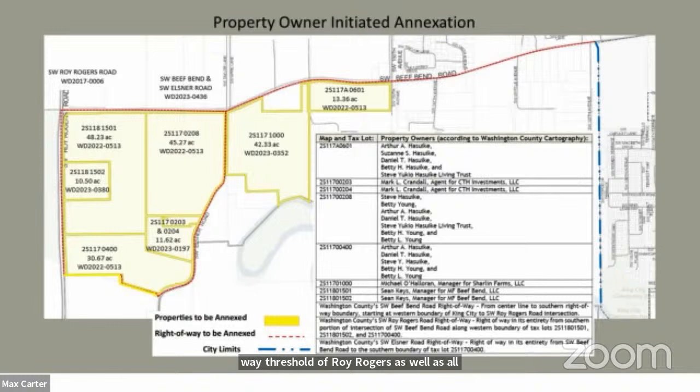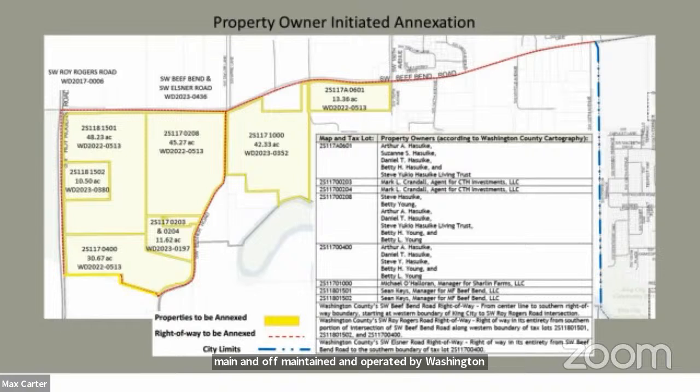But the maintenance of Roy Rogers and Beef Bend as arterials would be maintained by Washington County. The adjacent property owner would likely be responsible for some elements of improvement, public facility improvements, and maintenance of sidewalks. The road itself, though, is a Washington County facility and maintained and operated by Washington County.